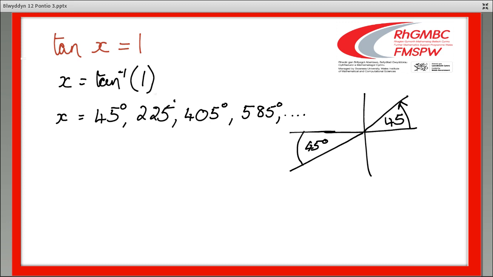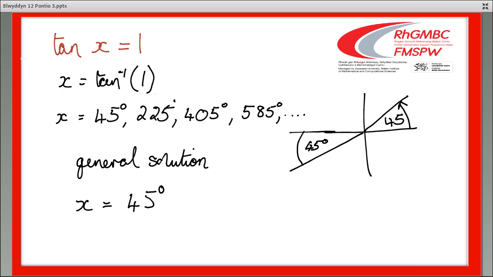So our general solution is as follows. X equals, in this case, 45 degrees. Now, obviously, if we're looking at a very generic one, we would replace 45 with theta or alpha, just some angle.